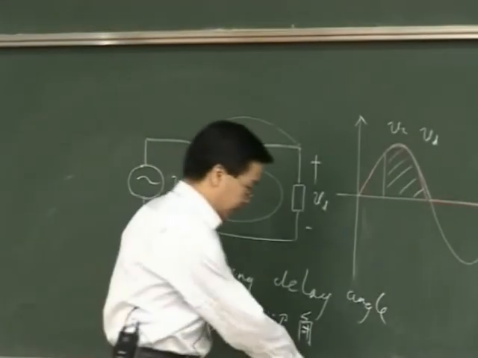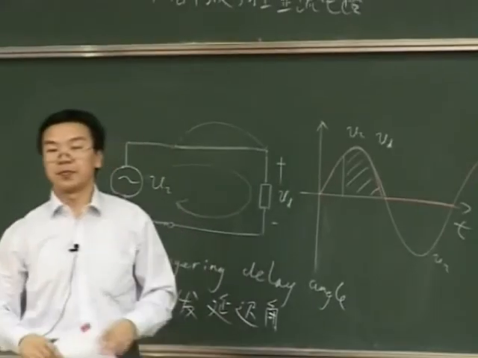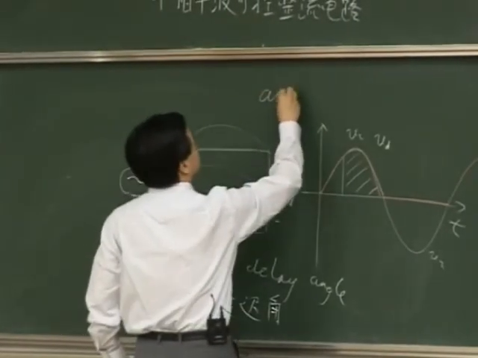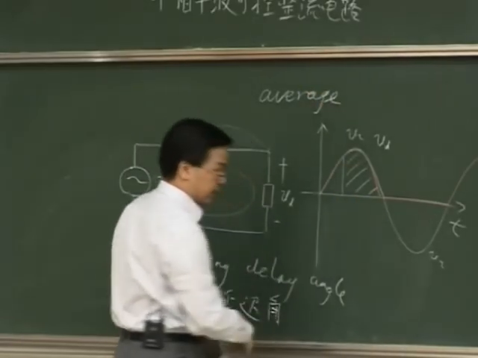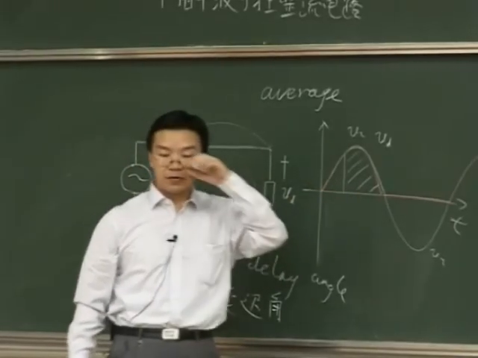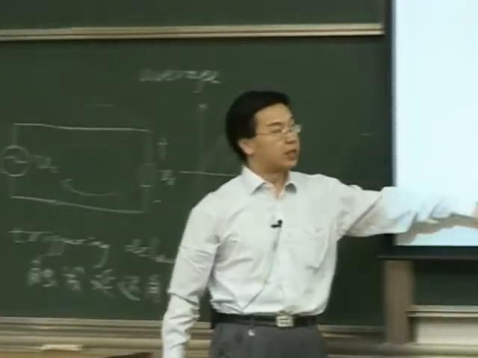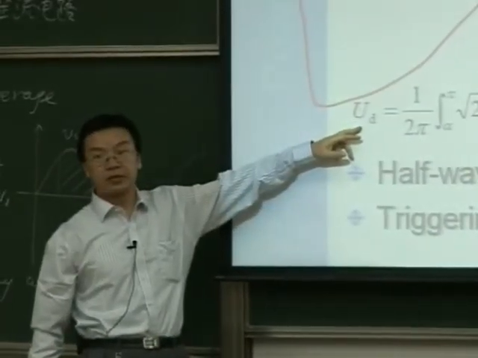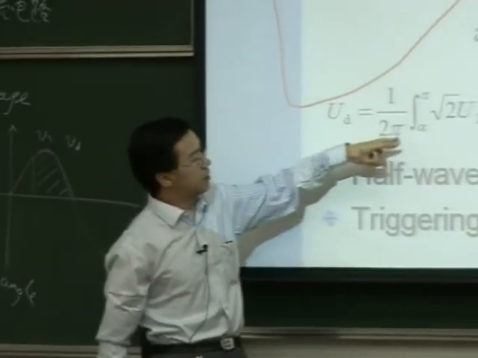And therefore, if you calculate the average value of this output voltage, that average value will be determined by this triggering delay angle. We have an equation here, a very simple equation to calculate the average value of the output voltage.